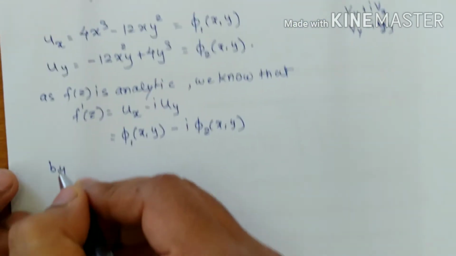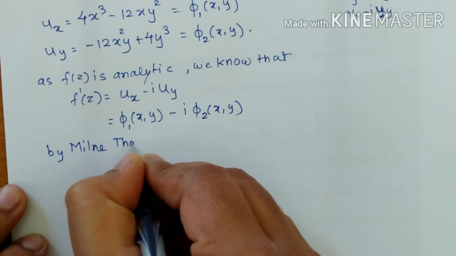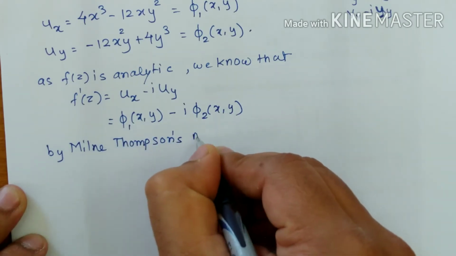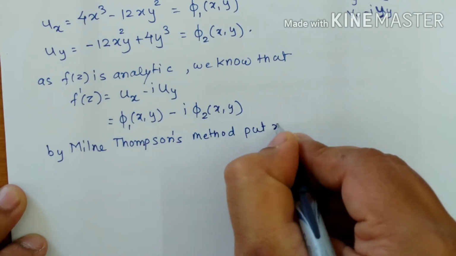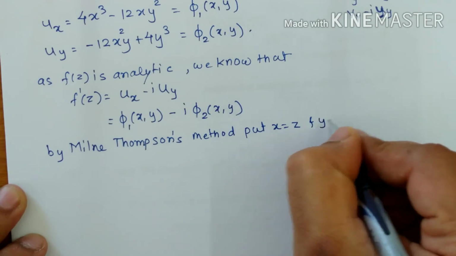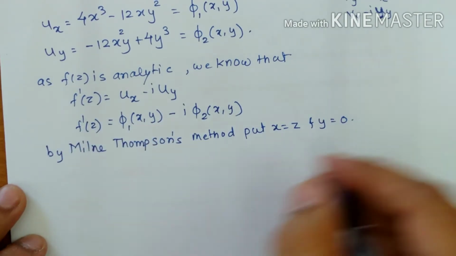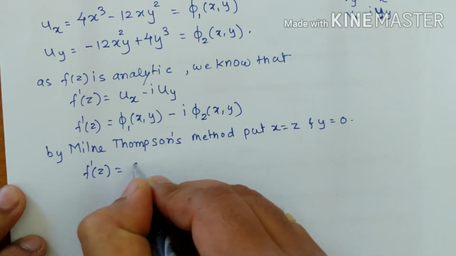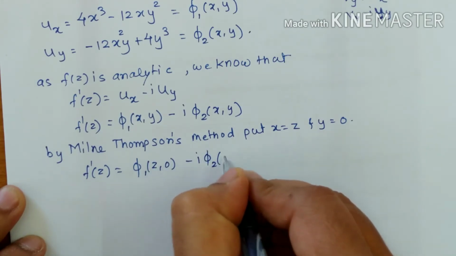By Milne-Thomson method, put x is equal to z and y is equal to 0 in this. We get f dash of z is equal to phi 1 of z comma 0 minus i times phi 2 of z comma 0.